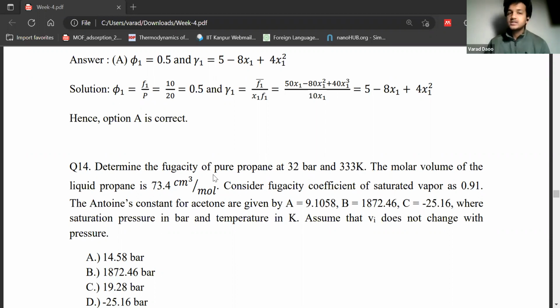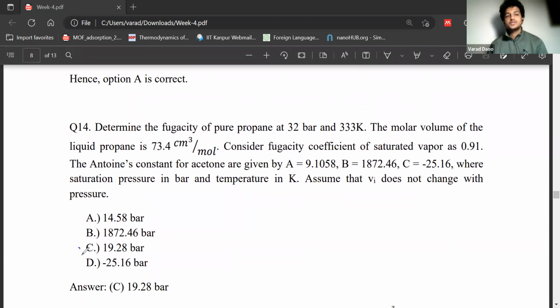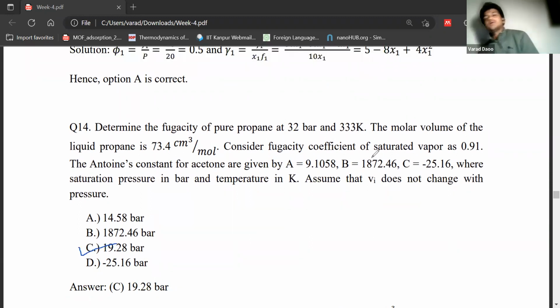Anybody got any answer? The correct answer is option C, 19.28 bar. Anybody got it?